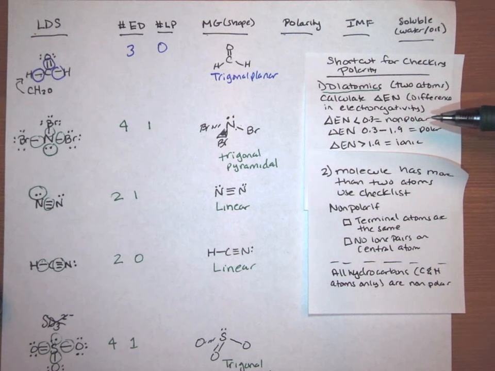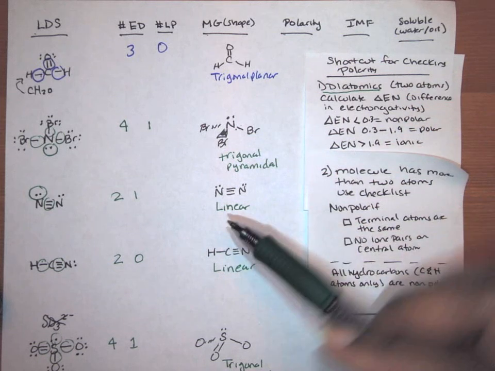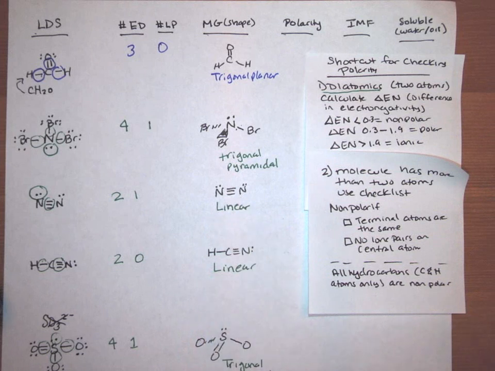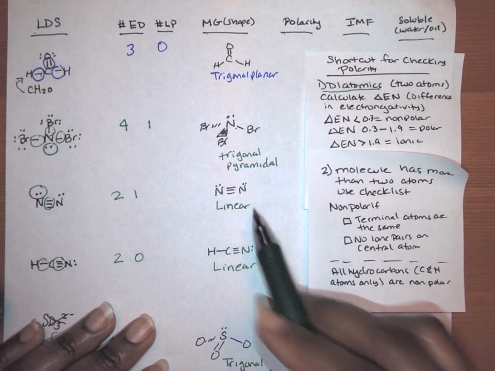And you don't have to know the electronegativity values, those will be given to you. If the electronegativity difference is less than 0.3, it's nonpolar. If it's between 0.3 and 1.9, or sometimes 2.0, it's polar. And if it's greater than that, it's ionic. So we talked about that before. For something like this, these are the same atoms, so their difference in electronegativity will be 0. So this will clearly be nonpolar.